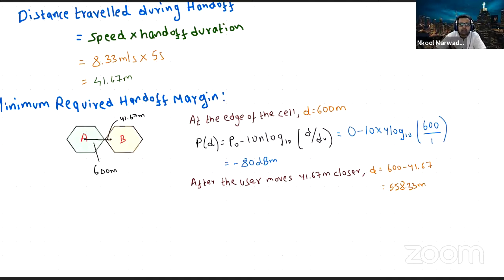Now straight away we can calculate P(558.33). What will it be? So P naught is 0 minus 10 into 4 log base 10, d is 558.33 on 1.